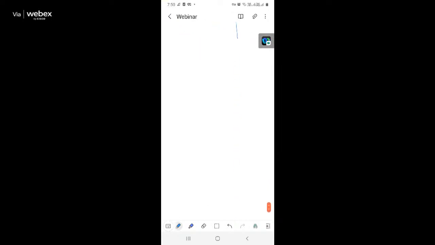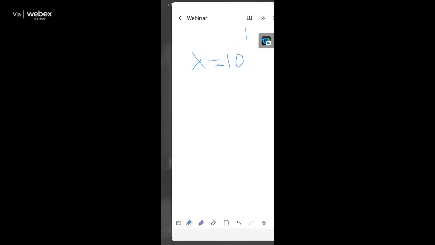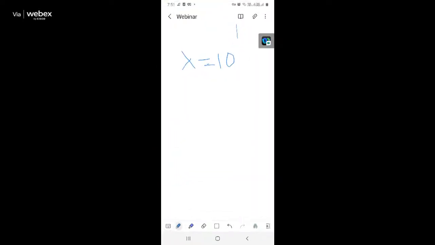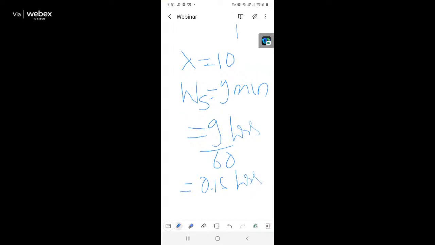Okay, so given lambda is equal to 10. What else is given? The customer is expected to spend about 9 minutes in the system. 9 minutes in the system means WS is equal to 9 minutes, is it not? 9 by 60 hours, so 0.15 hours.